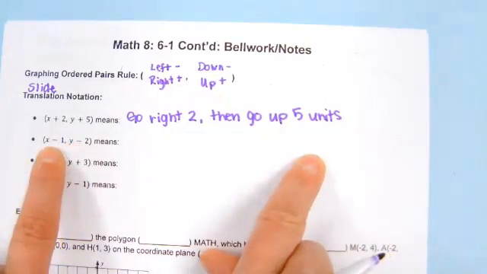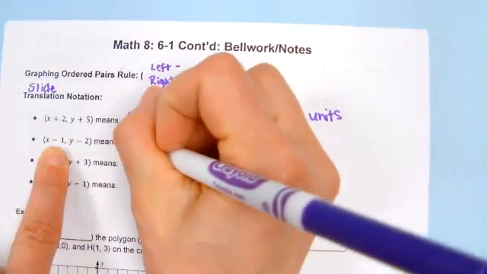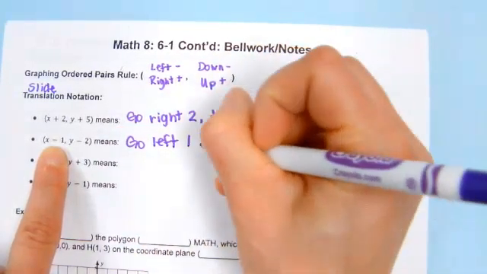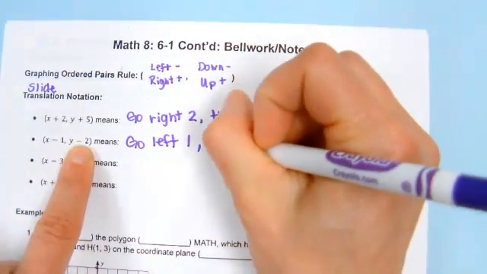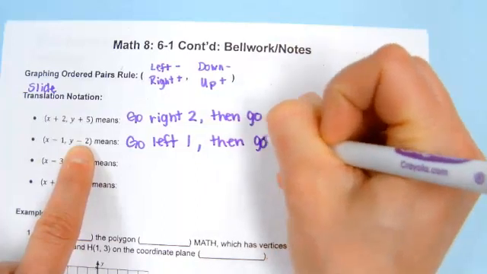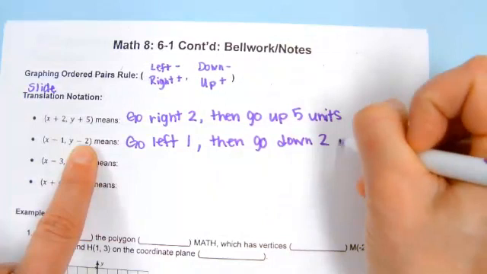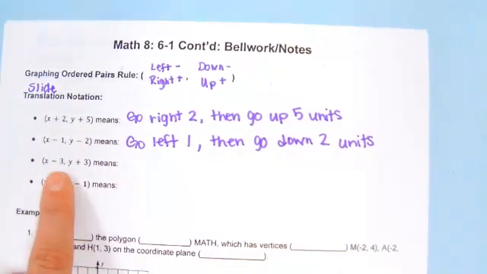So what this would mean is x minus 1, it means we're going to go left this time, 1 unit. And then the next one means we're going to go down, in this case, 2 units. Okay, next one, x minus 3.